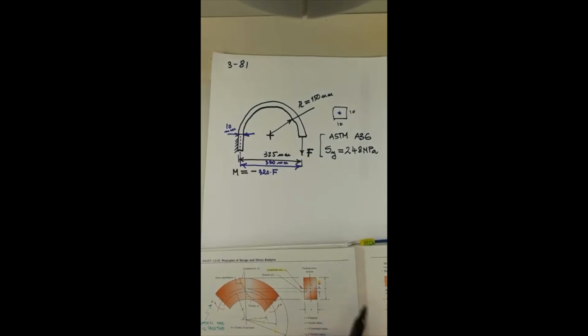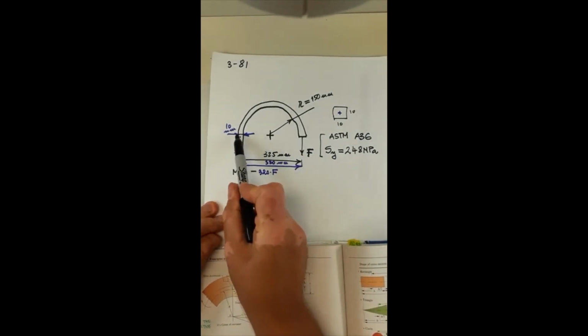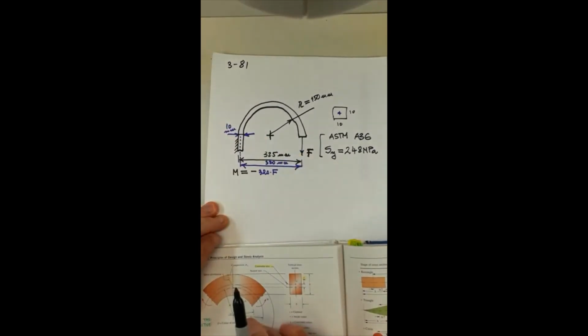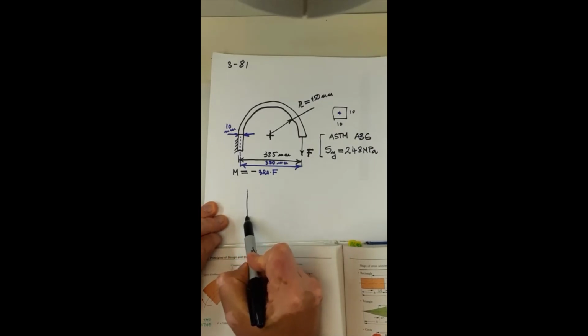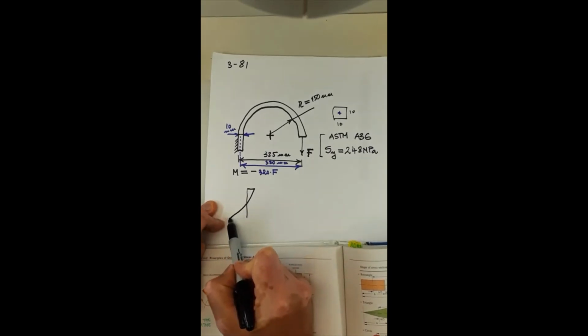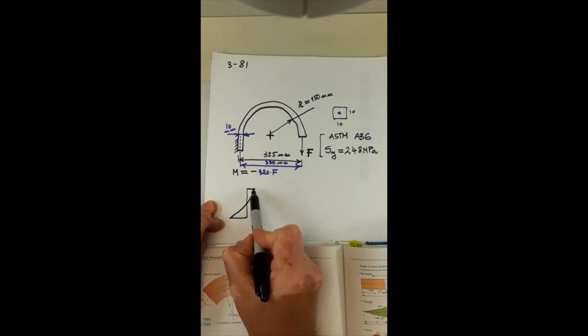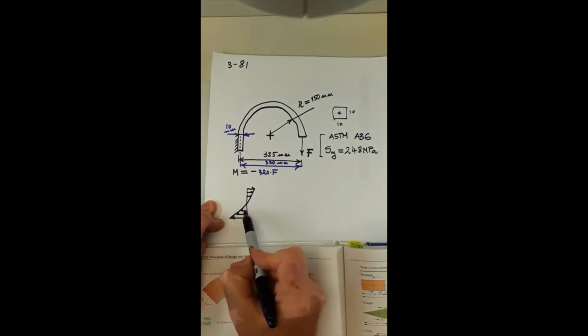Okay, and then to it I'm going to add, let's see, a rotated view to match figure 324, but mirrored so that I have tension on top and compression below.